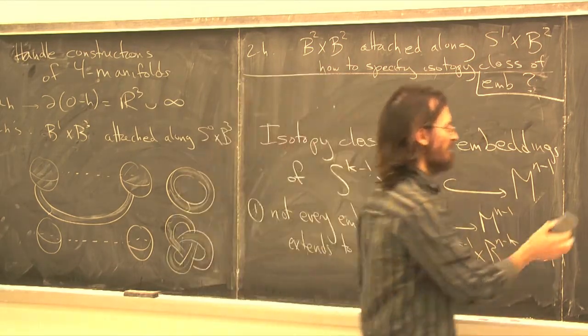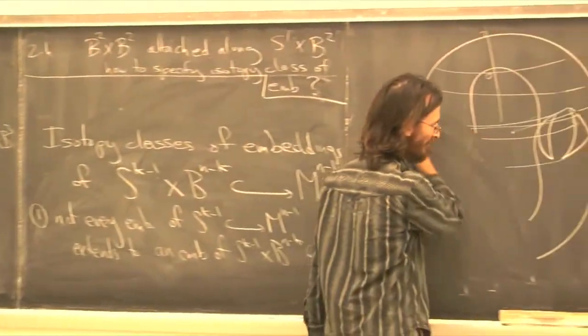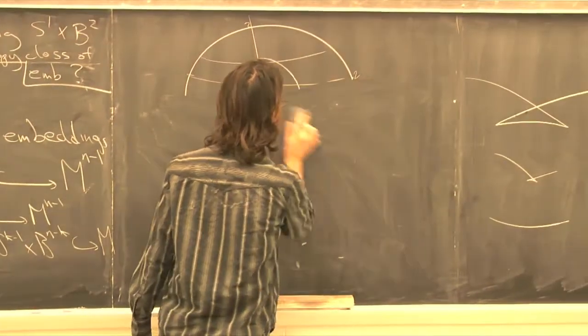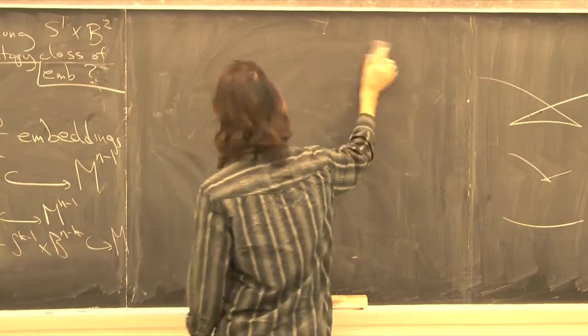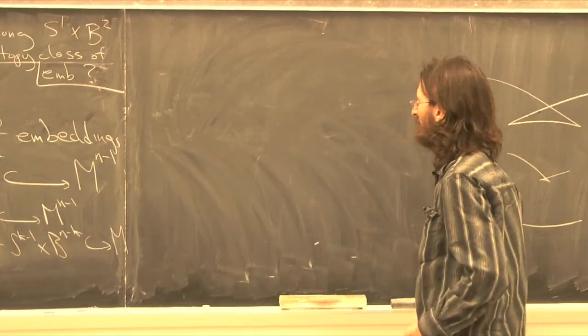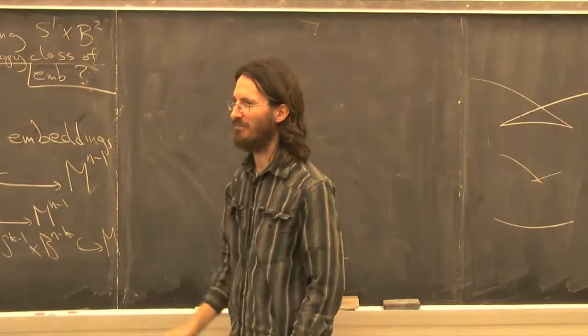And I'll give you the simplest example, and then you'll understand the general issue. The simplest example I'm going to give you is non-orientable, but this is a fully general setting, and you'll see why.